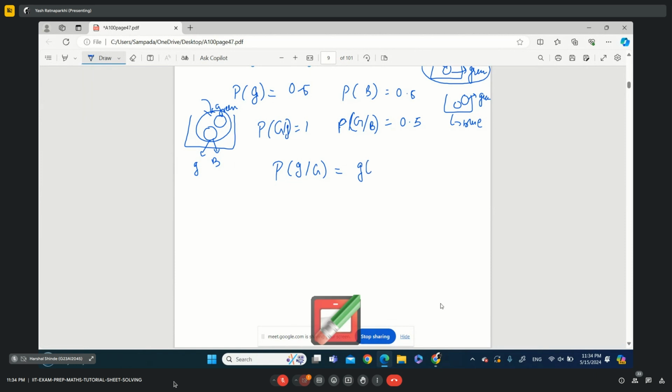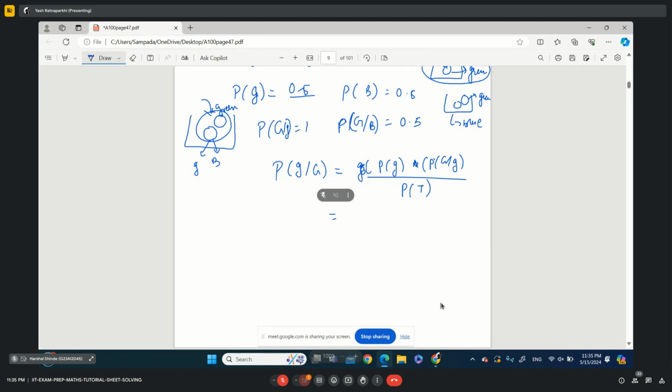It will be probability of small g into probability of capital G given small g, upon probability of total, right? So the probability of small g is 0.5, probability of new ball given green is 1. So the upper quantity will be 0.5, right? And the below quantity, what will it be?